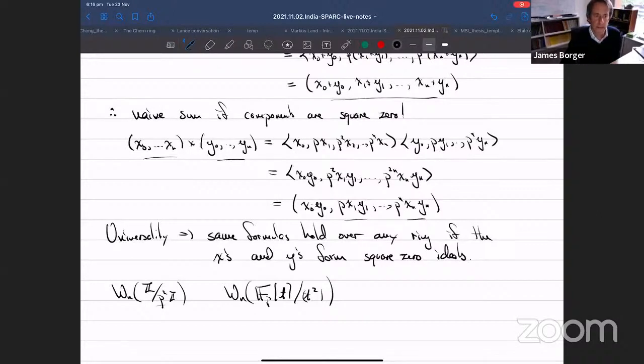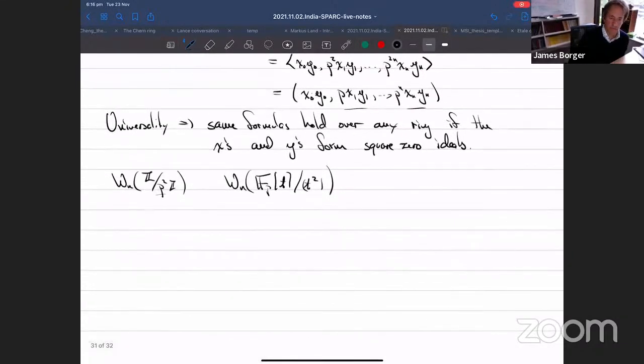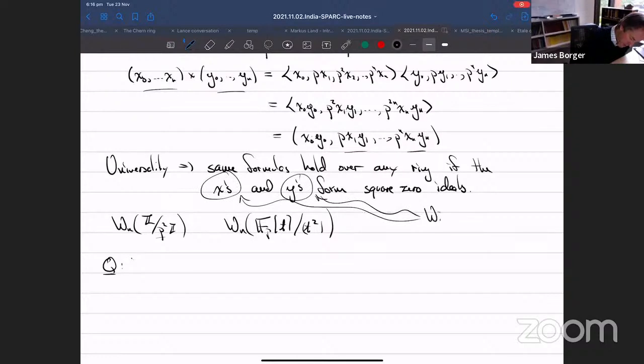Okay. So question. These x's are the Witt or theta components.